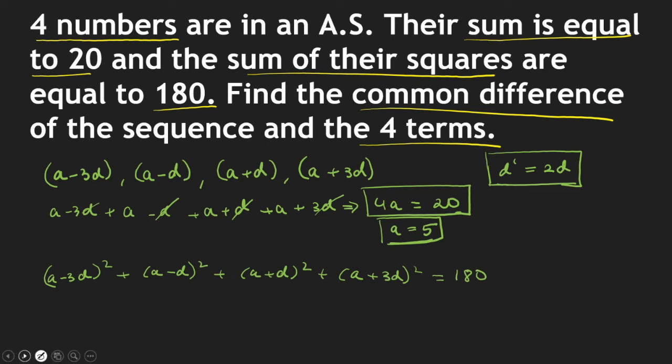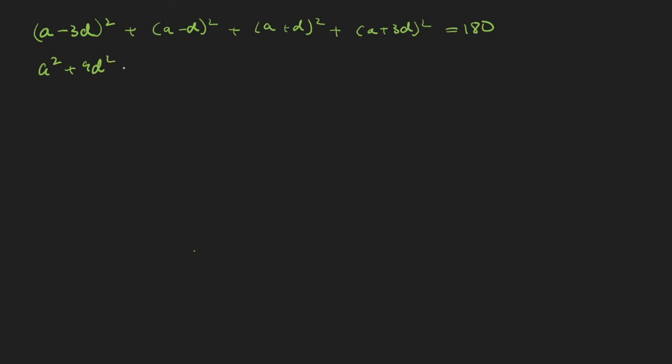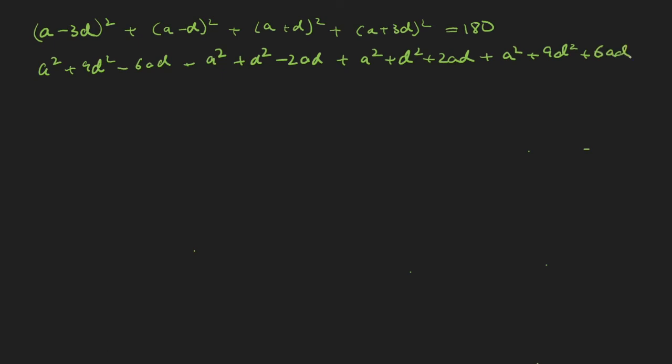All right, let's evaluate this on the next slide. So let me just rewrite it really quickly. Evaluating this, we get a square plus 9d square minus 6ad, plus a square plus d square minus 2ad, plus a square plus d square plus 2ad, plus a square plus 9d square plus 6ad, is equal to 180.